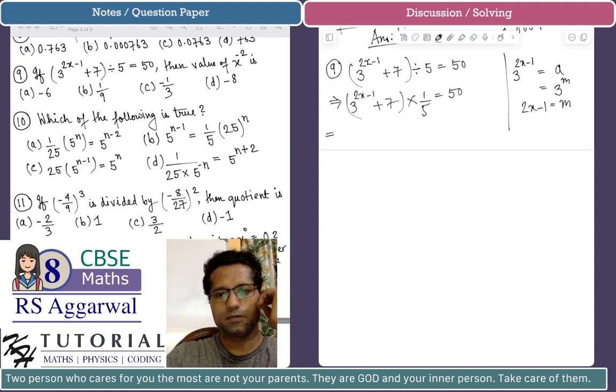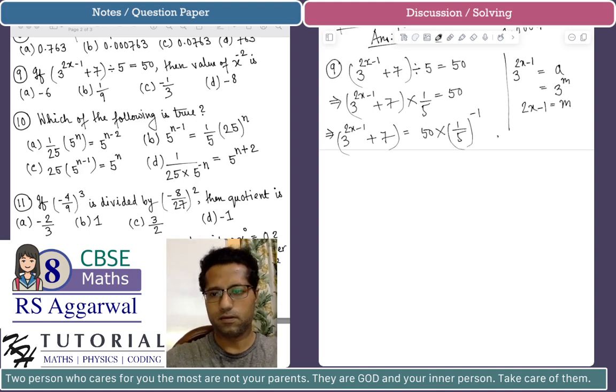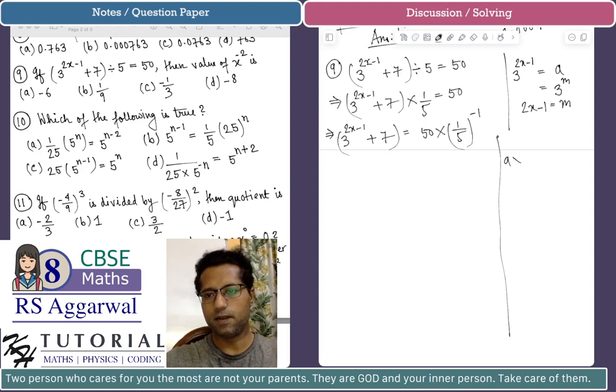So this implies that 3 raised to the power 2x minus 1 plus 7 will be equal to 50 multiplied by the reciprocal of 1 by 5. Why am I writing this? If you have something like a multiplied by b equals c, then this will imply a is equal to c multiplied by the multiplicative inverse of b, the coefficient of a.